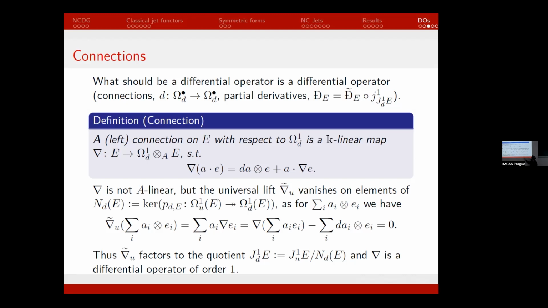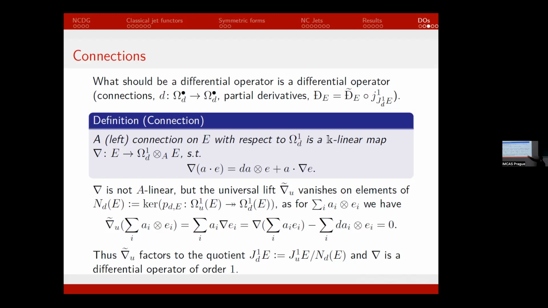It used to be reversed, but it's actually equivalent to that because they live in omega 1. It doesn't matter. What matters is that this vanishes, and therefore the nabla tilde of u factors through the quotient of omega of the universal jet by nd of v, which was by definition the one jet of v.